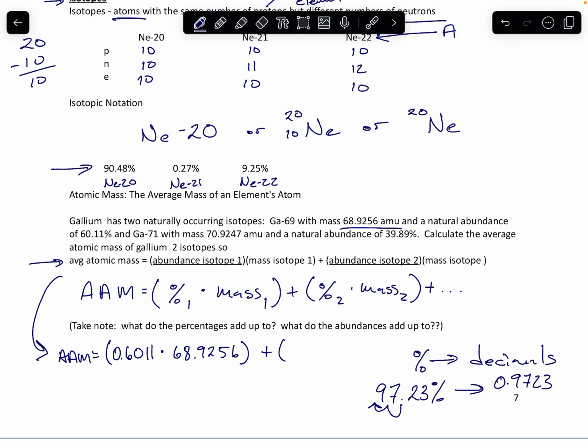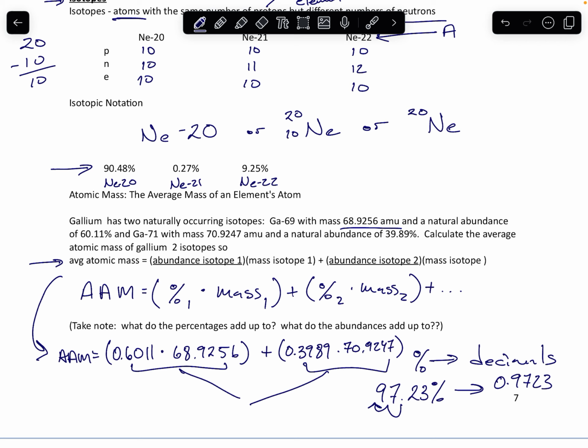I'm going to add to that the second isotope, and that's 39.89%, so 0.3989 times 70.9247. I would multiply these together, and then I'm going to take my answers and add them up.